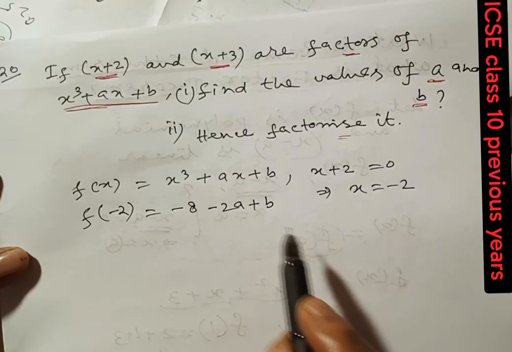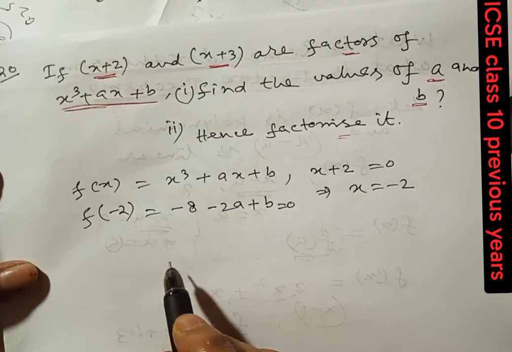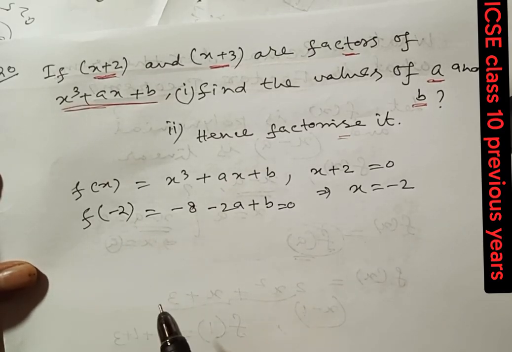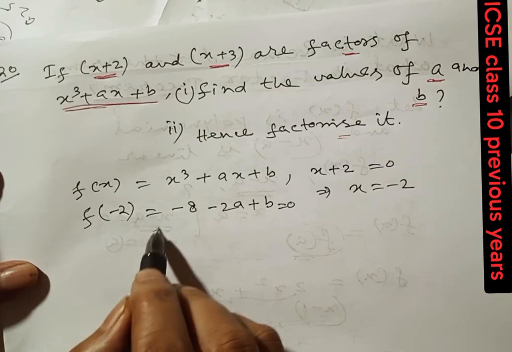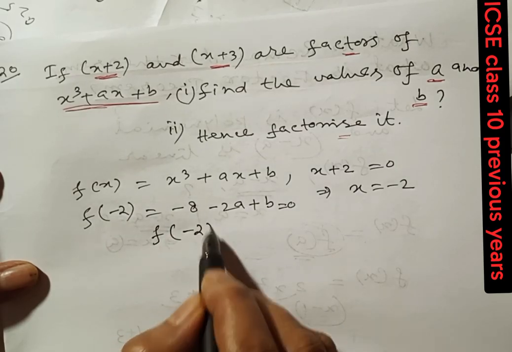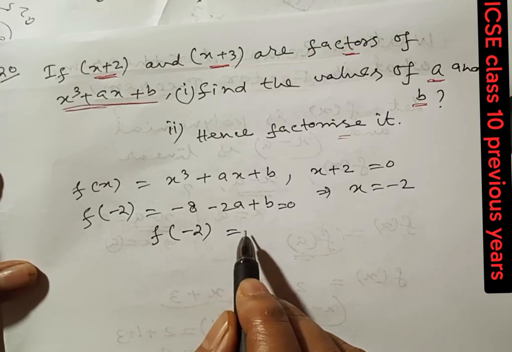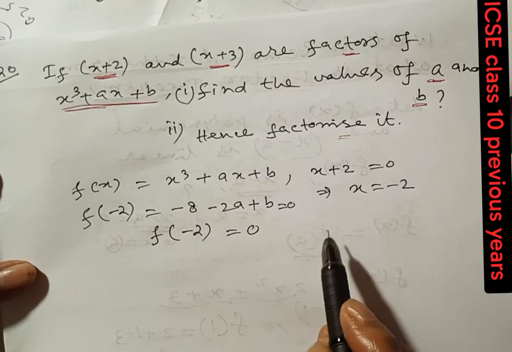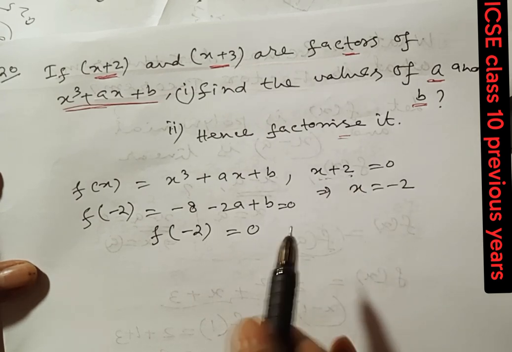This will be 0. From the factor theorem we know when a number is divided by its factor, remainder will be 0. So we find the remainder is f(minus 2) and if remainder is 0 then x plus 2 is a factor of f(x).